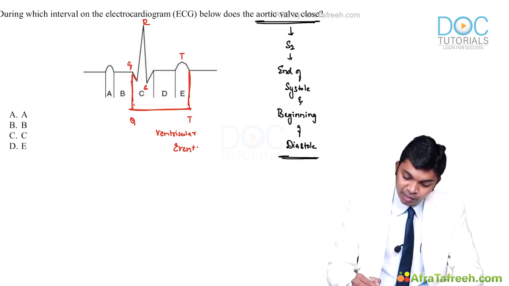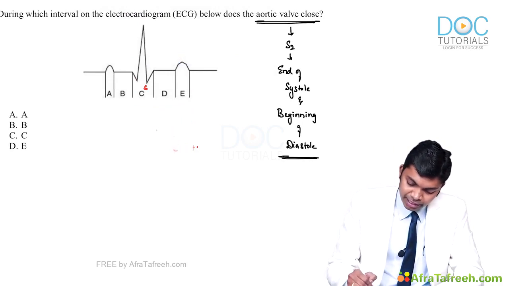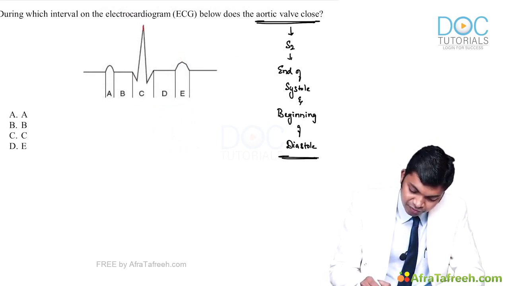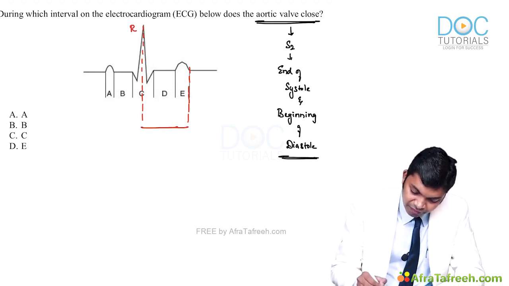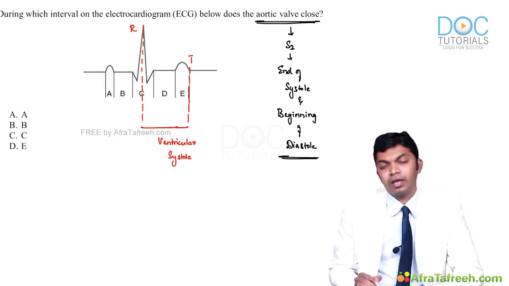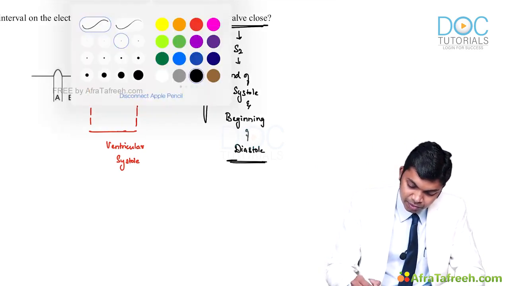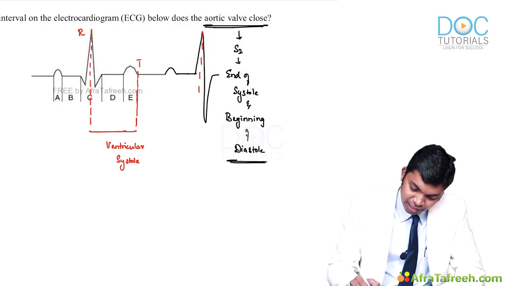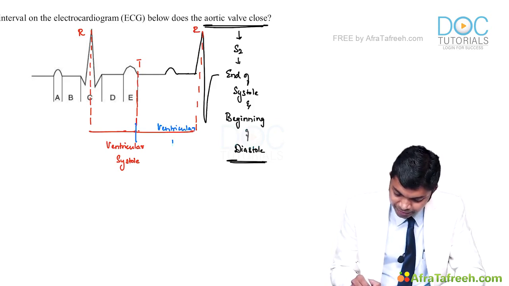Ventricular systole starts from the onset of the R wave and goes till the end of the T wave. So, from R wave till the end of T wave, this is ventricular systole. From the end of the T wave to the next R wave, this phase is ventricular diastole.